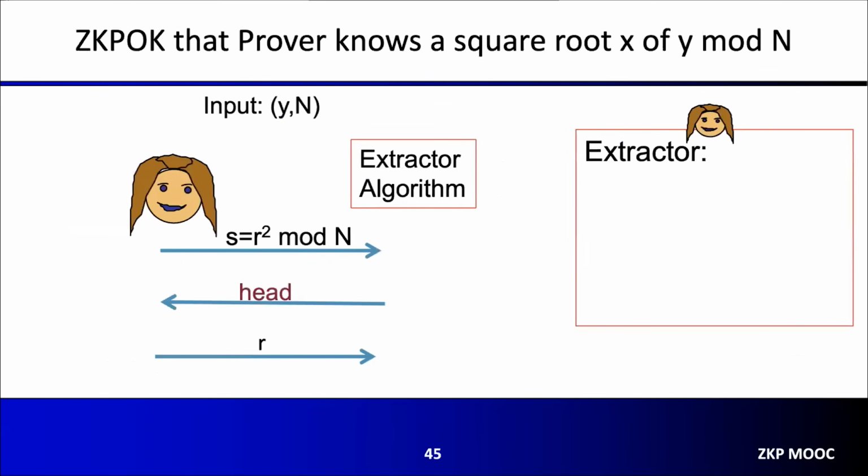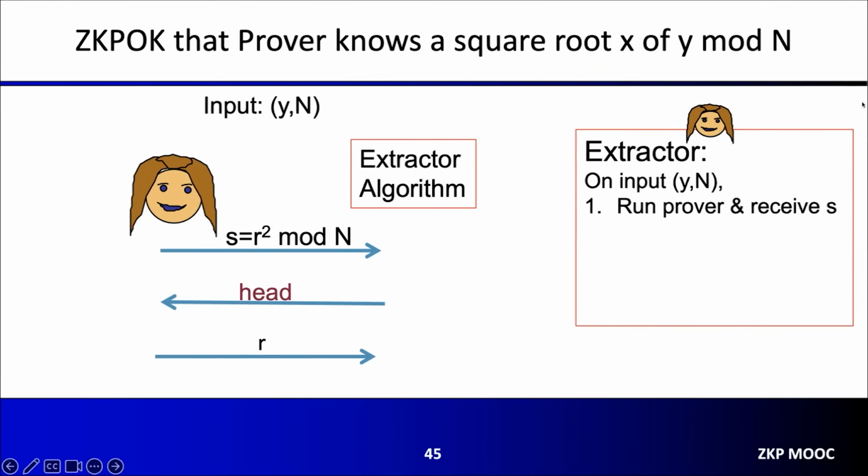An example of extraction. I said that in the example of quadratic residues, the prover actually knows a square root x of y mod n. To technically show that he knows, we have to satisfy the definition. So here it goes. Here's the extractor. The extractor starts running with the prover. The first message of the prover is r squared mod n for some r. What does the extractor do?